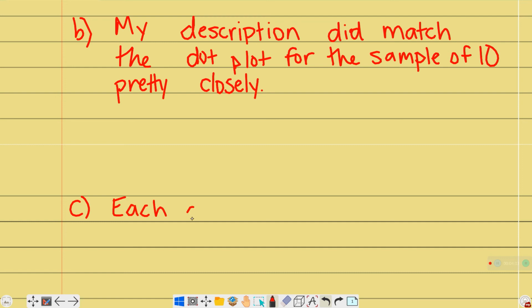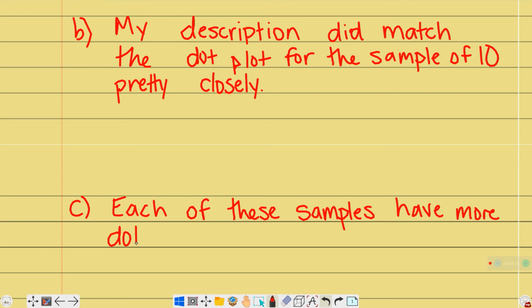Each of these samples have more dots on the upper end of the number line.